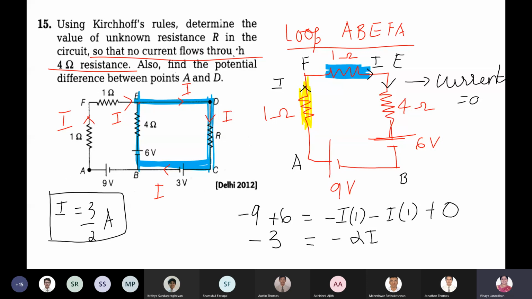Using Kirchhoff rule, determine the value of unknown resistance R in the circuit so that no current flows through 4 ohm resistance. Also find the potential difference between the points A and D. Draw the circuit diagram.